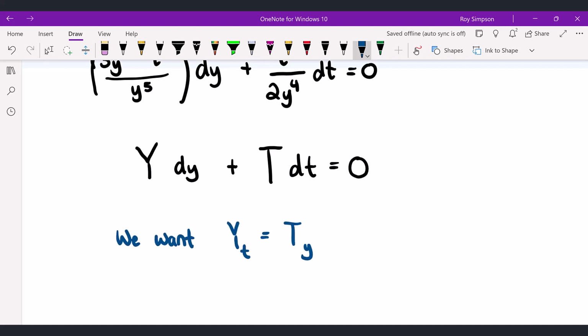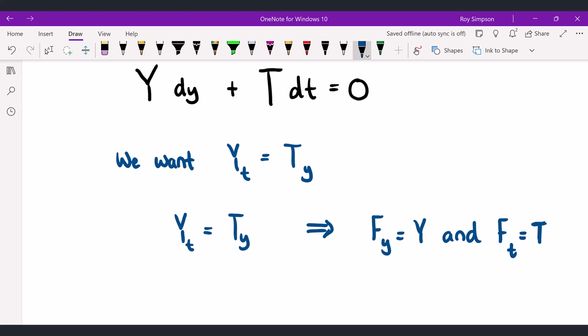This is true if and only if there is a function, capital F, whose partial with respect to y is capital Y, and whose partial with respect to t is capital T. And in fact, this is an if and only if. So it goes both ways.